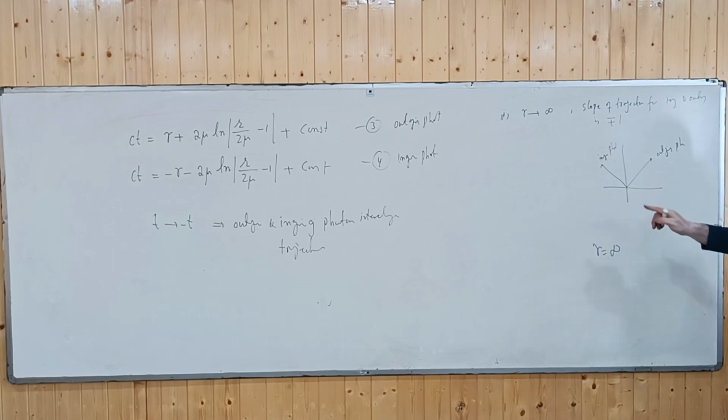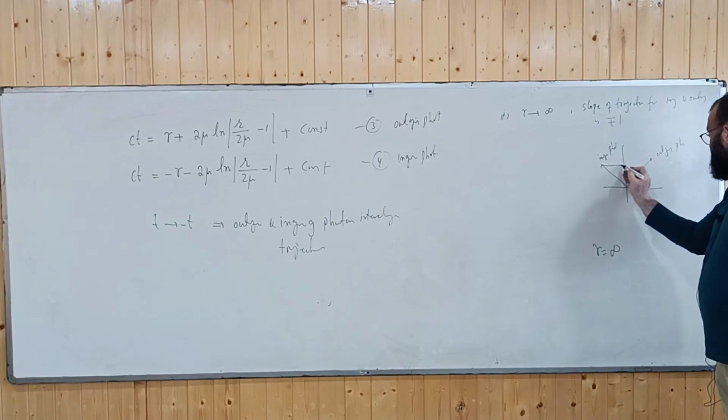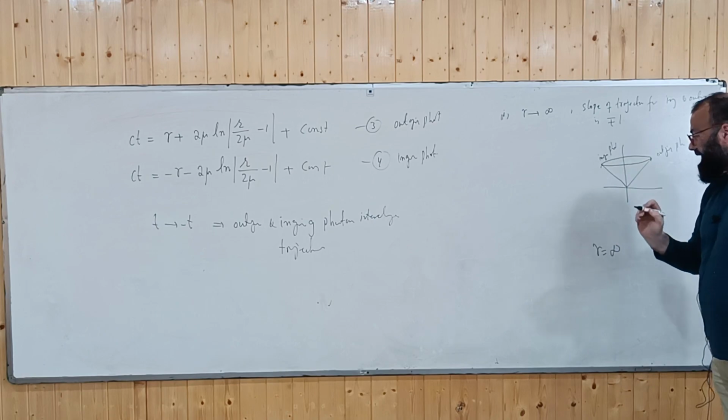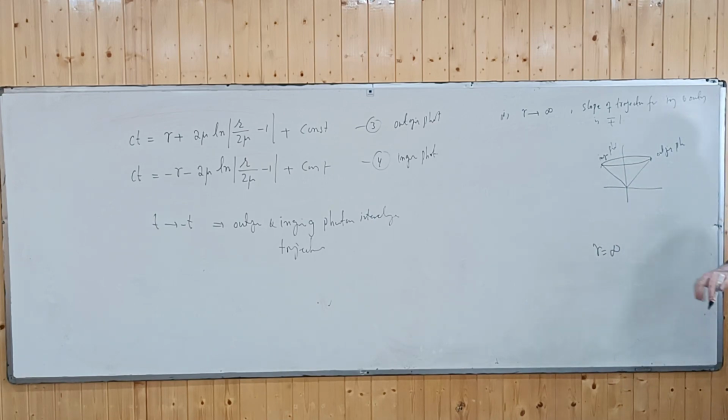Got it? So this is our light cone, the forward light cone. It means all the timelike trajectories are within this forward light cone. Okay, so this is at r equal to infinity. It means I have the simple Minkowski space structure.